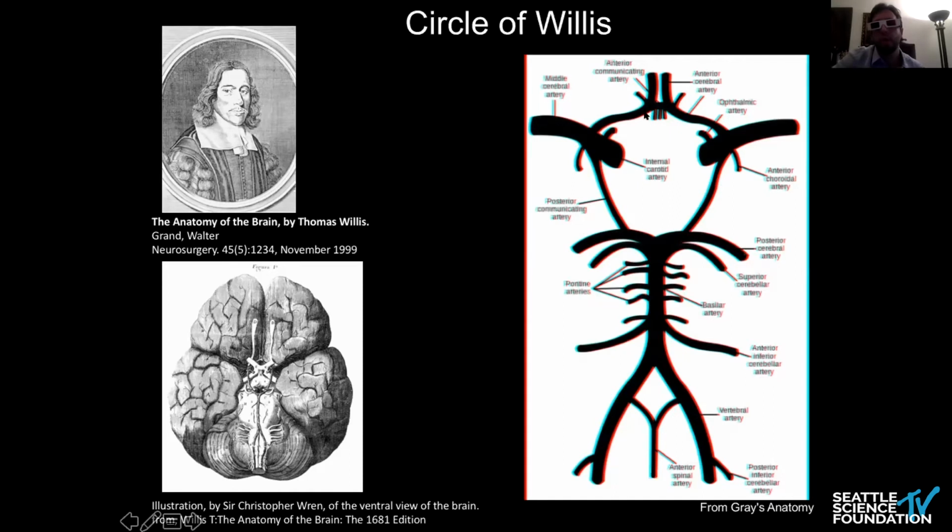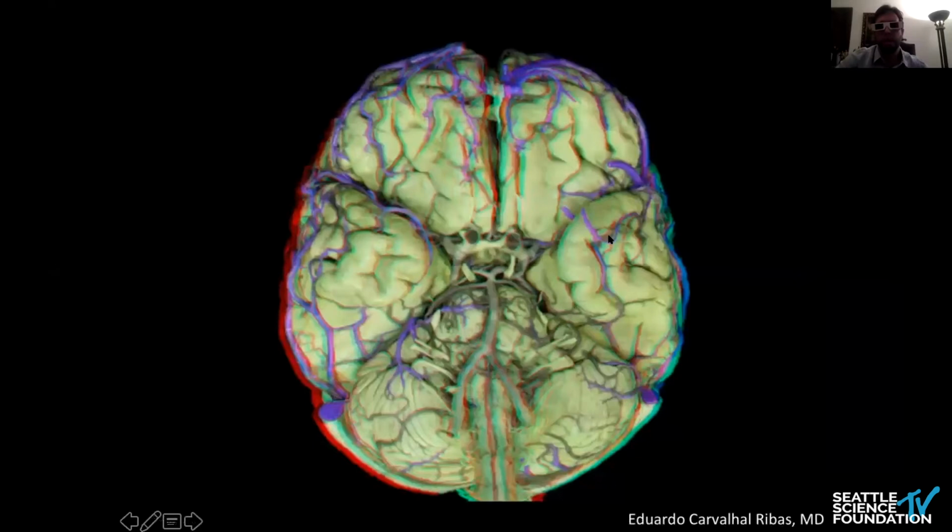Then we have two posterior communicating arteries. The posterior communicating arteries connect the ICA with the posterior cerebral artery. Let's see how the polygon of Willis looks in reality.